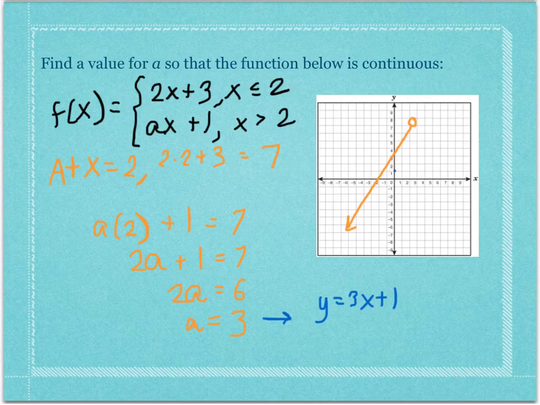So I'm going to go up 3 and over 1, up 3 and over 1, up 3 and over 1, and sure enough it does land right on this, and then just keeps going up a little bit higher like that in kind of a steeper graph. Because the top one is less than or equal to, bottom one is greater than, but because they both intersect here, there's no hole in the graph, and therefore this is a continuous function.